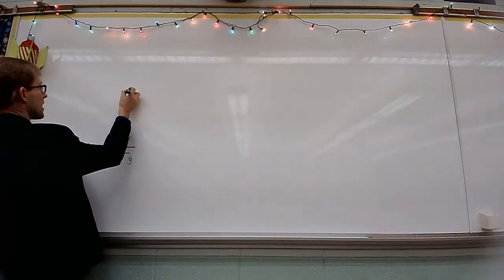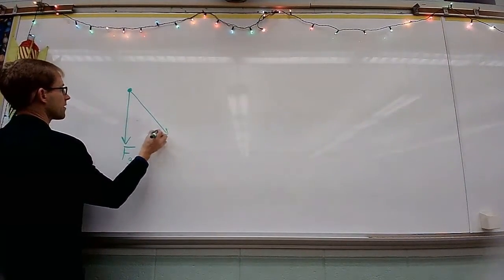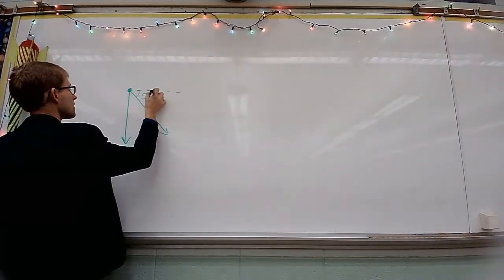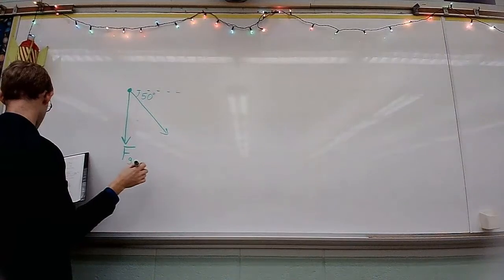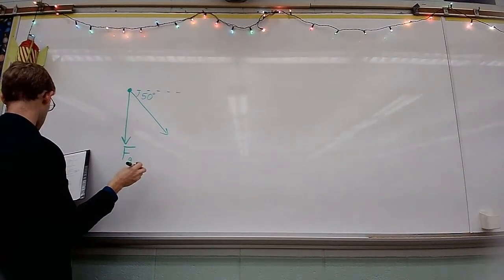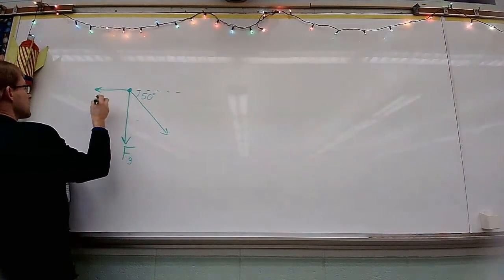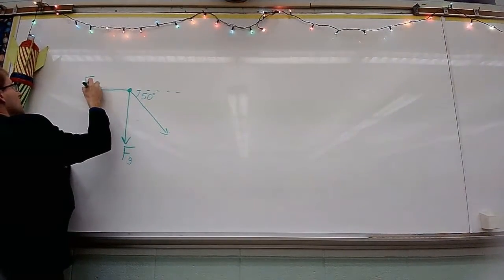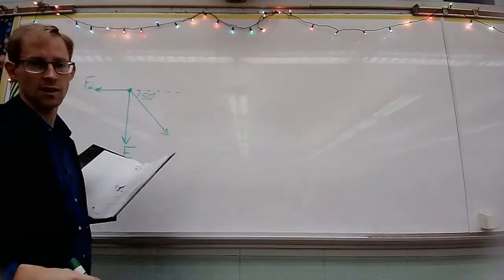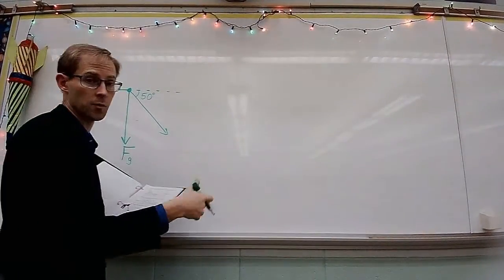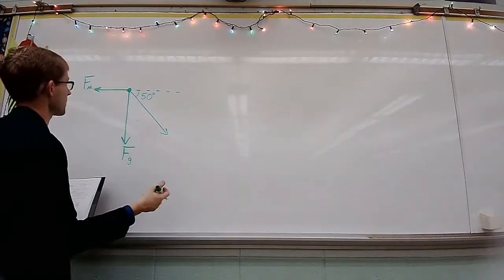He's pushing down at that 50-degree angle there. So there's 50 degrees. And again, we're moving with a constant speed. What that means is that there's friction here, because if there was no friction, it would be picking up speed as he's pushing.